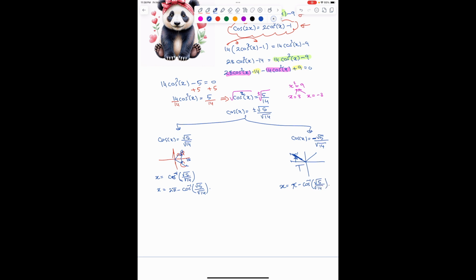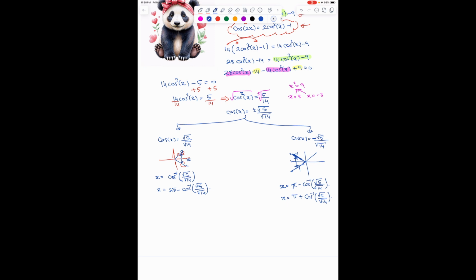And then the other solution is in the third quadrant, which is basically the same amount added to pi. So x is equal to pi plus inverse cosine of square root of 5 over square root of 14. Or you could say arc cosine instead of inverse cosine. And these are the 4 solutions.